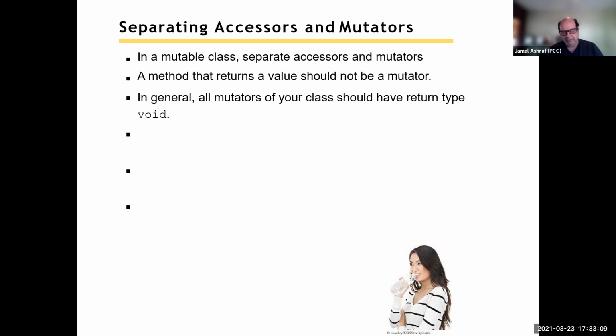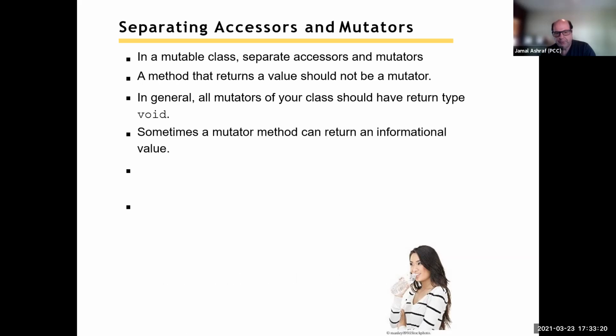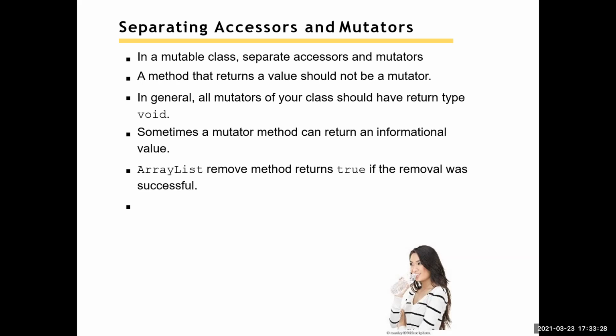So if I have a mutator, that means I'm changing the content of my class, my object. Generally, they are void methods. So sometimes we can have a return value. What does it mean by informational value? Why do they categorize it as information?